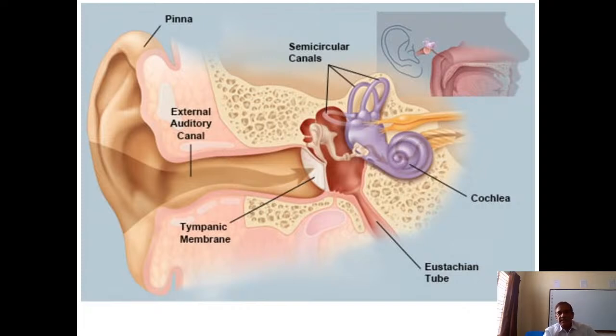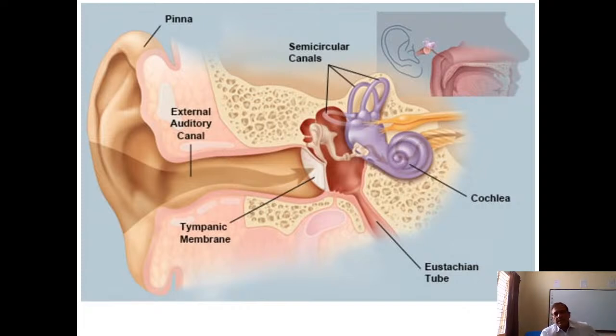The fluids in the semicircular canals move, and they stimulate the cells that are present in the ampulla, and there once again the mechanical energy is converted into electrical impulses, and the vestibular sensations are carried through the vestibular nerve. So this is briefly about the anatomy and the physiology.